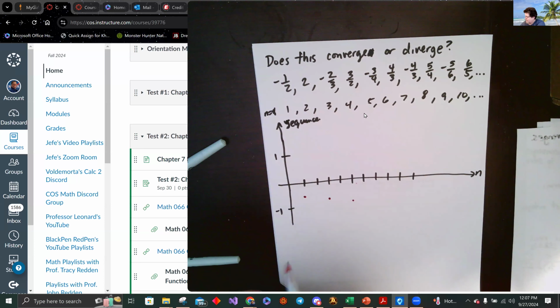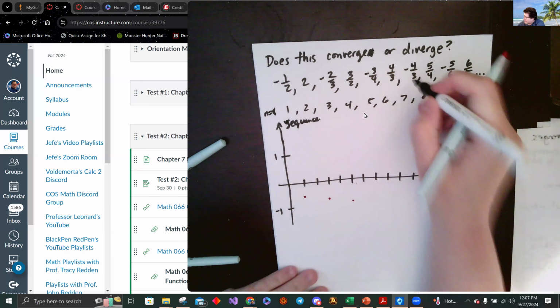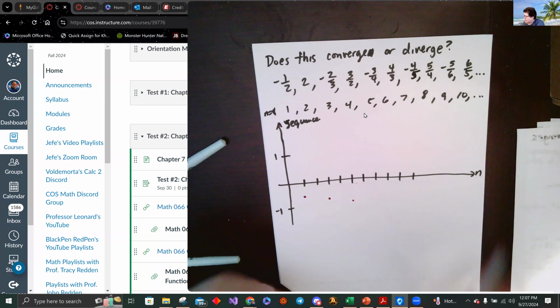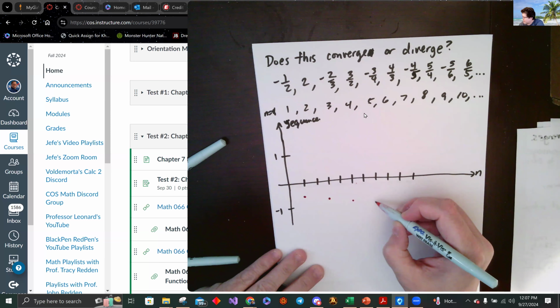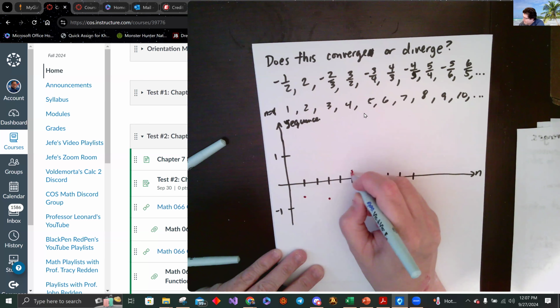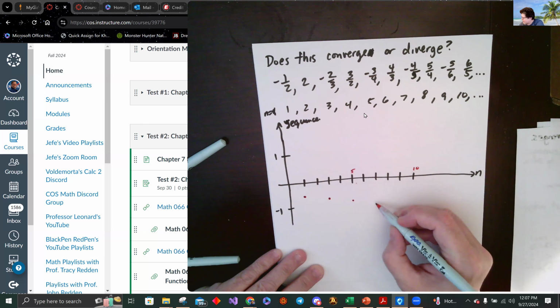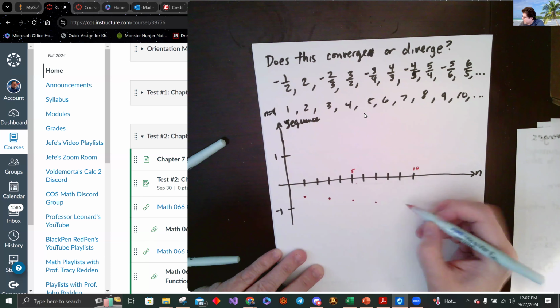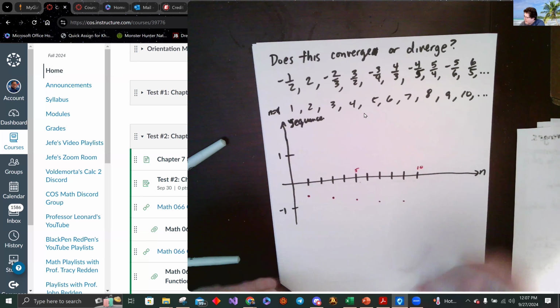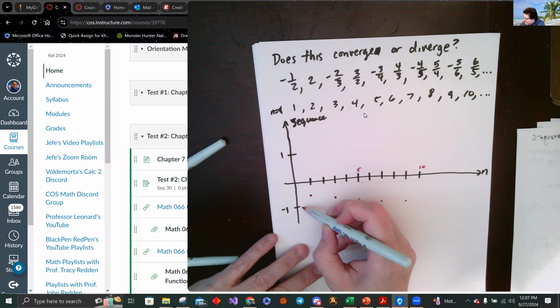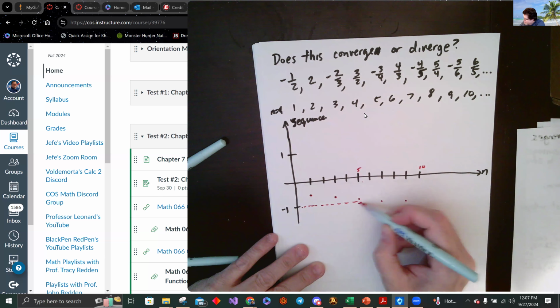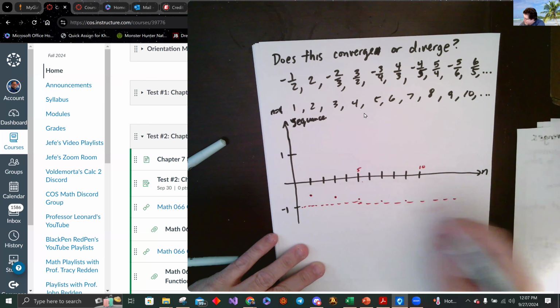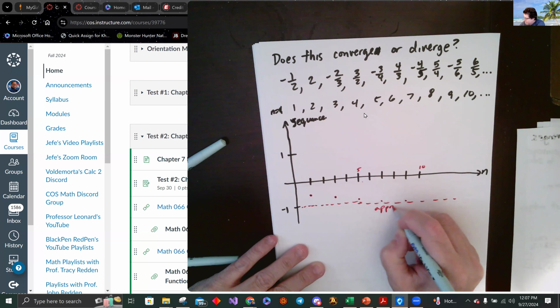That should be a negative 4/5 right there, for n equals 7. Let's see, that's 5. That's 10. So n equals 7 is here. Negative 5/6 for n equals 9. If I made an asymptote here, it looks like it's approaching negative 1 on the bottom.